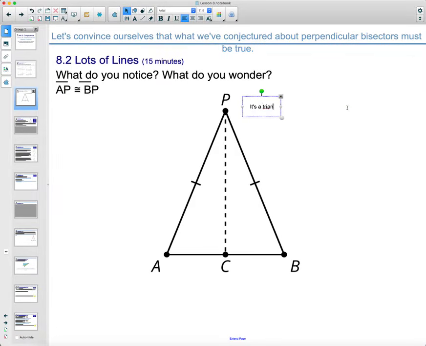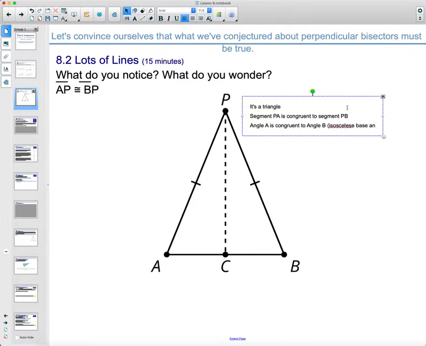It's a triangle. Segment PA is congruent to segment PB. Angle A is congruent to angle B using the isosceles base angles theorem that we just learned about.